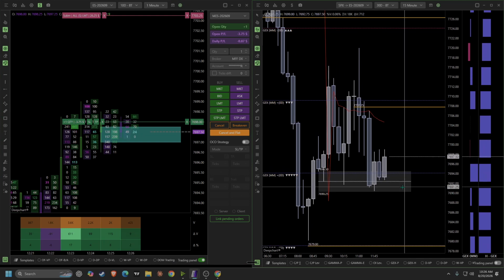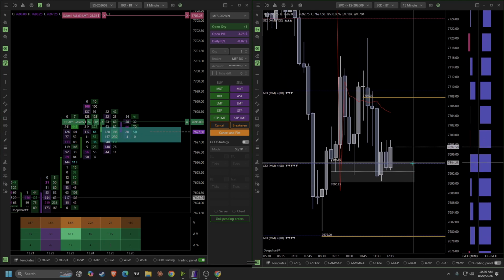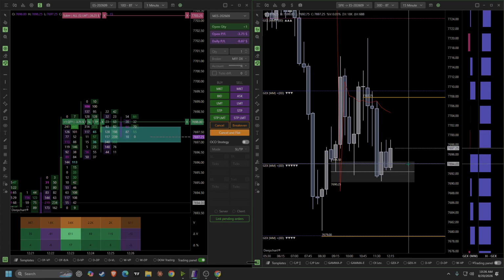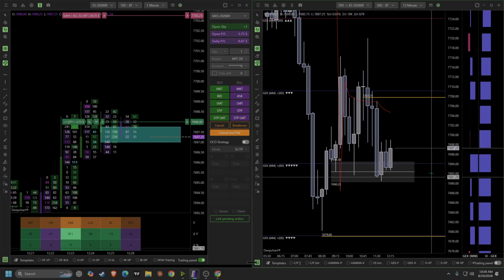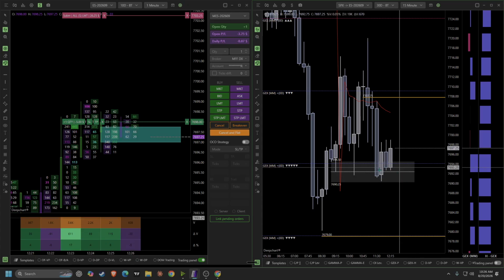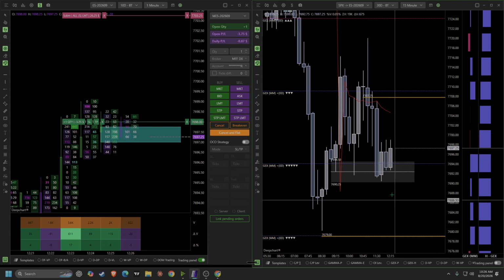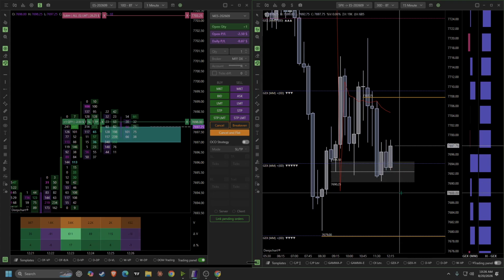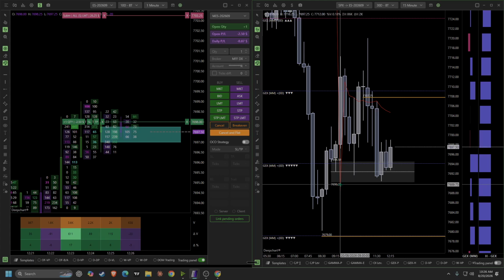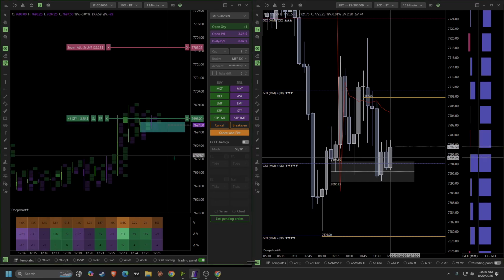Coming back over to the GEX levels, you can see that we're holding this zone, this largest positive exposure GEX level. So this kind of tells me if we break through this, I'm wrong and I'm going to take my loss. And that's why we have our stop at around 76.90.